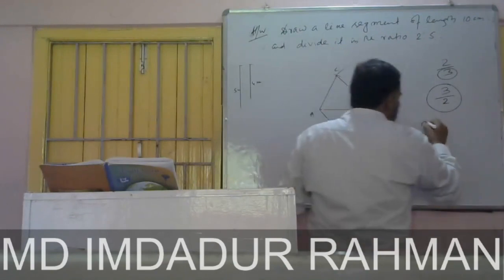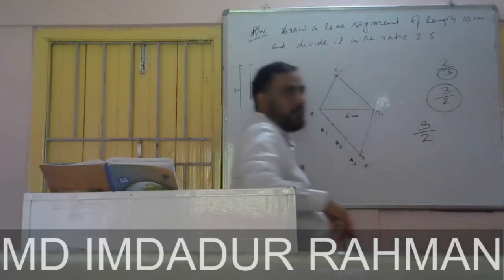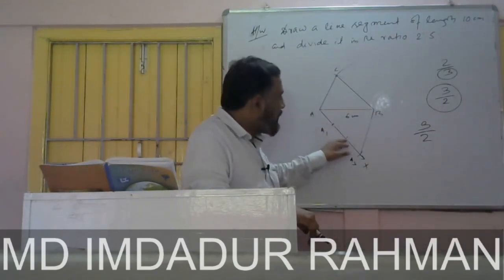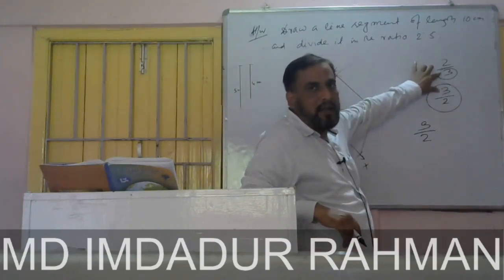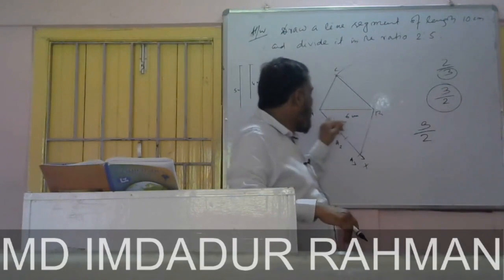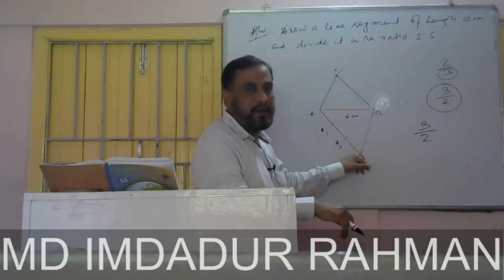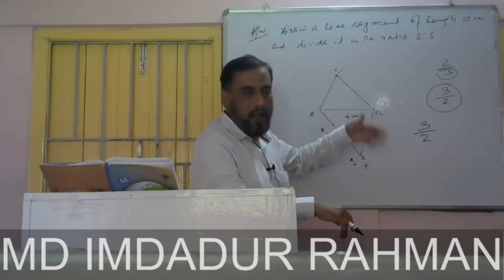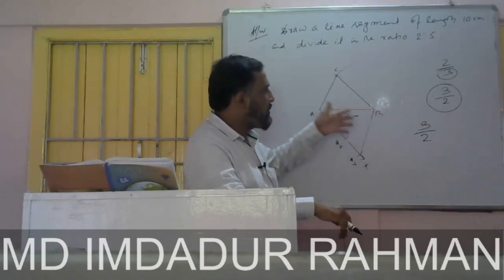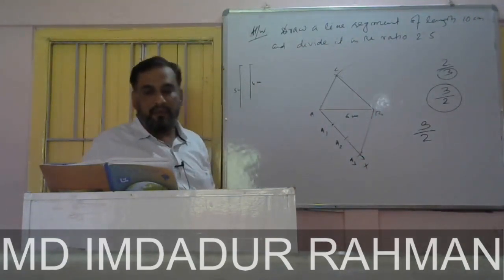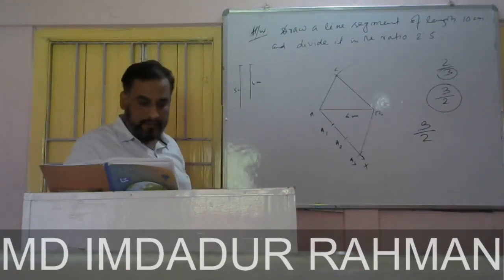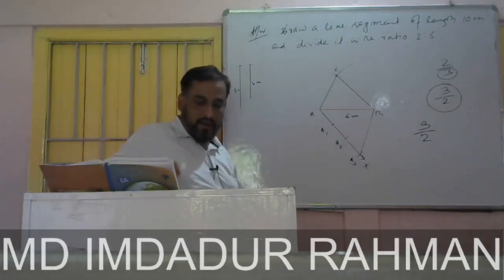If it is 3 by 2, it will have 3 parts. Out of the numerator and denominator, the greater number gives this many points. Later on I will show how to draw an improper fraction division. Okay, so just follow it.